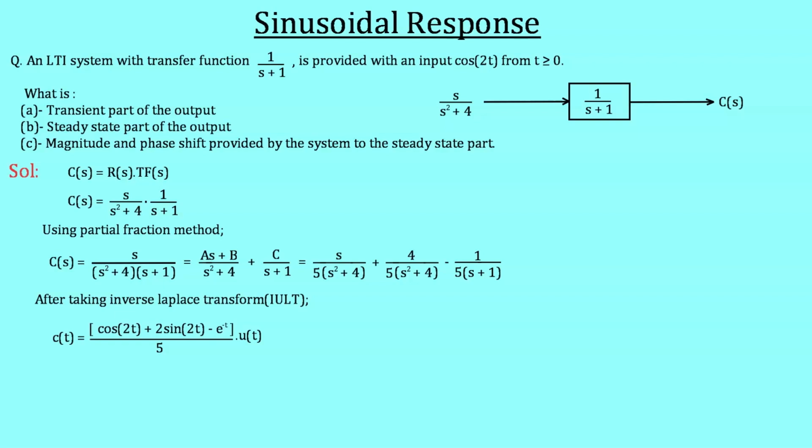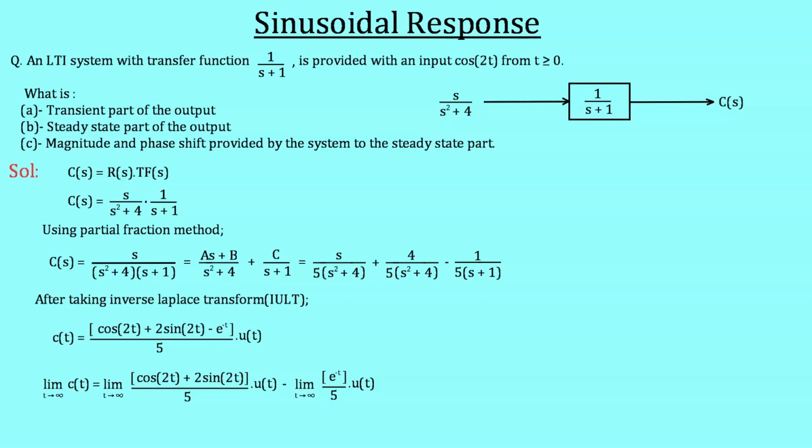Now, to find the transient response and steady state response, we have to put the limiting value of time when it tends to infinity. Sinusoidal signals don't have any finite value, as they are purely oscillatory functions whose value continuously oscillates between its maxima and minima value.